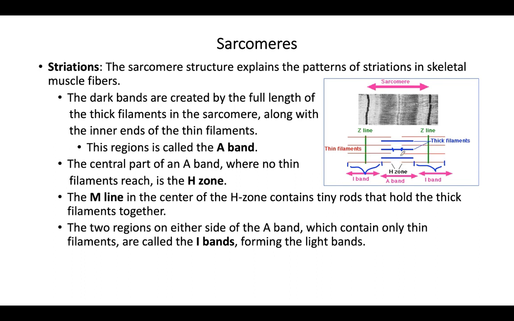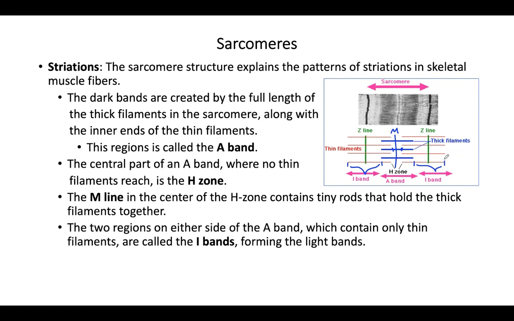And if we look at H zone, here at the center of H zone there is a tiny rod that holds thick filaments together. There's some tiny rod line. We call that M line. So you must know the structure of the sarcomere in detail.